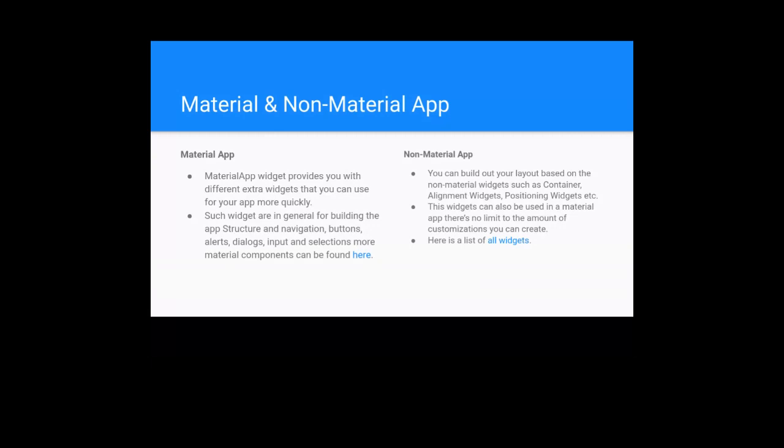Scaffold, that's a widget, everything is basically a widget. So if you also use dev tools to inspect, the first thing you'd see on the topmost is the material app.